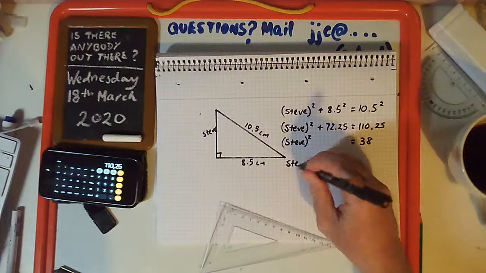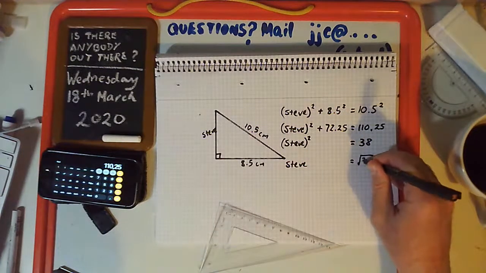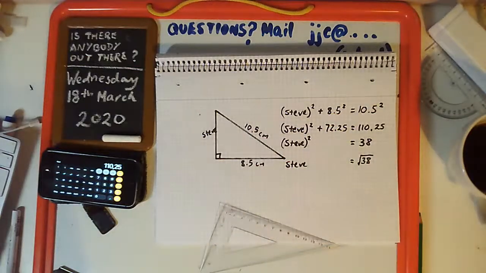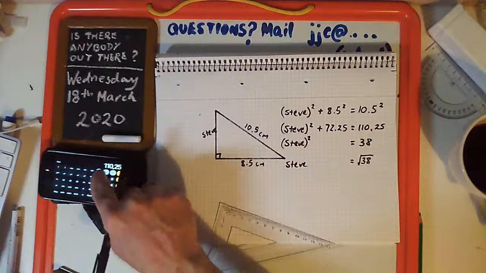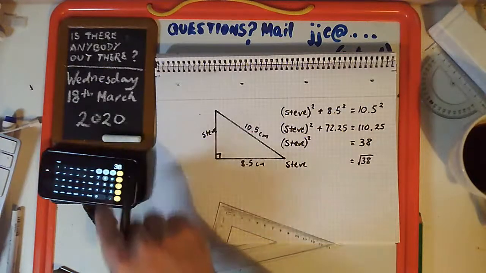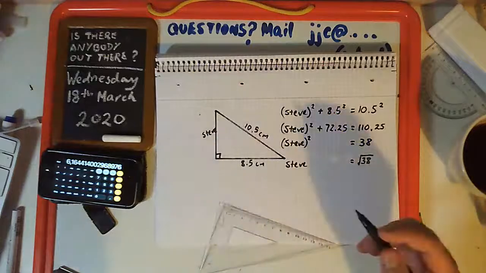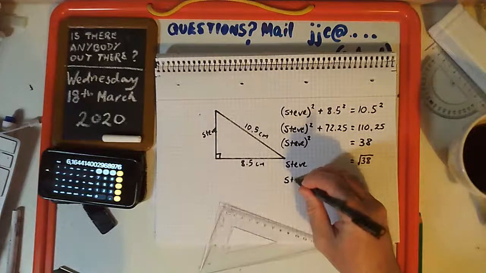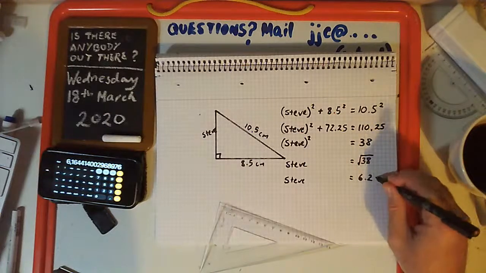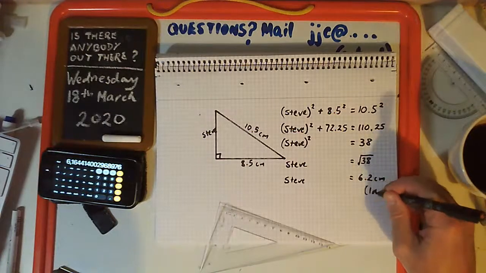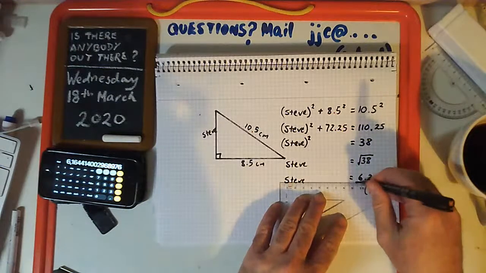So Steve itself is the square root of 38. So I'm square rooting both sides. Let's just get the calculator on that. So clear everything. 38 square root: 6.16. I'm going to round that to 6.2 centimeters to one decimal place. Neatly underline my answer.